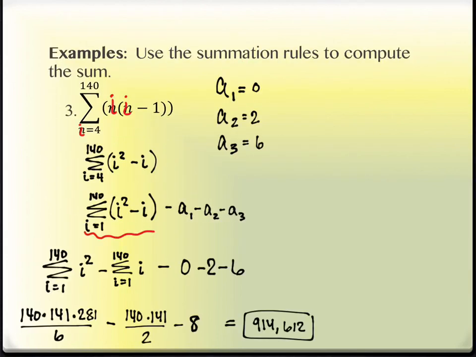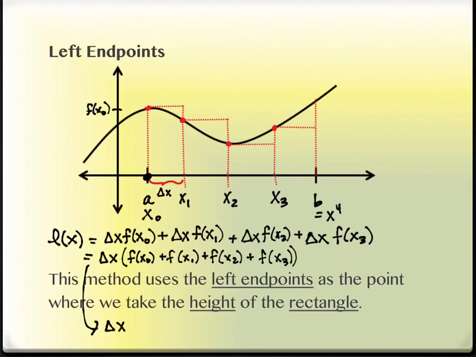So a more concise way of writing this that would allow us to use those formulas if needed is that this is the summation from i equals 0 to 3 of f of xi.